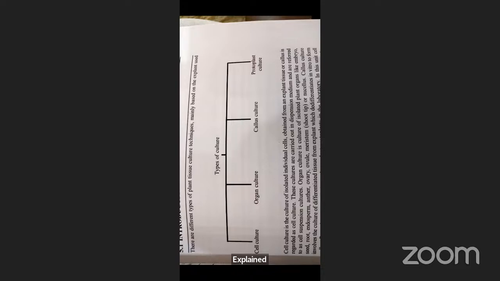See, in the first one, cell culture. During cell culture, Haberlandt first proposed and first observed cell culture in vitro.